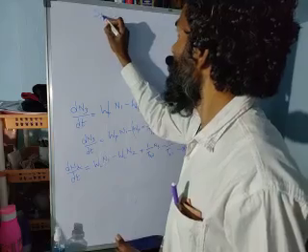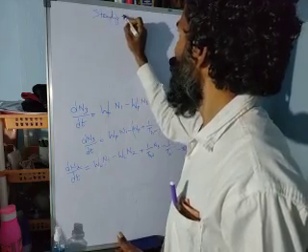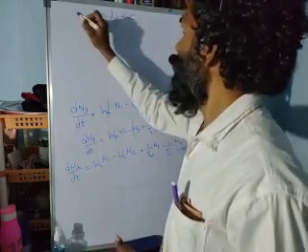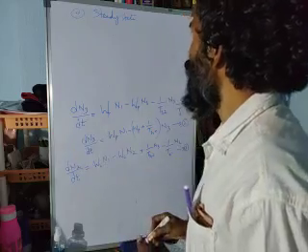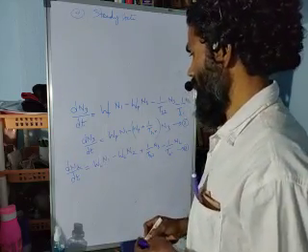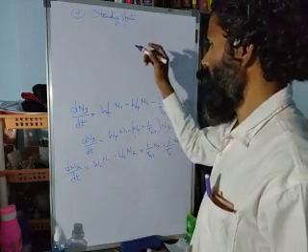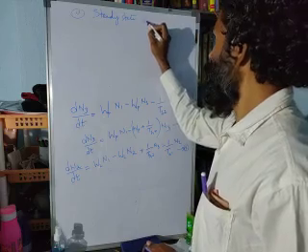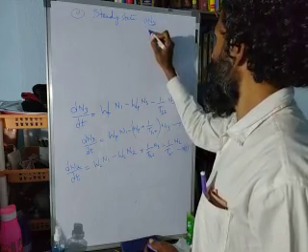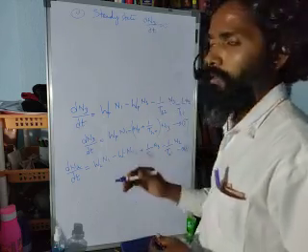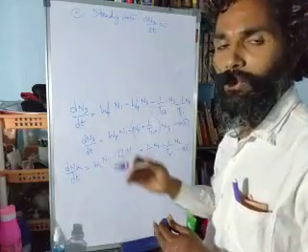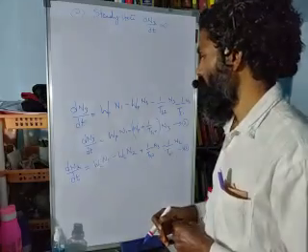So at steady state, dn3 by dt is equal to 0. So n3 won't change as a function of time at steady state.